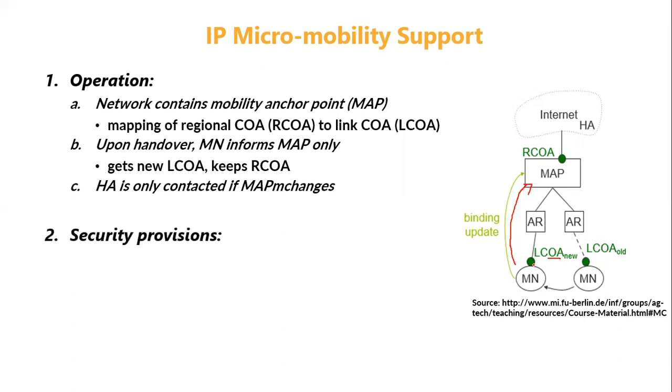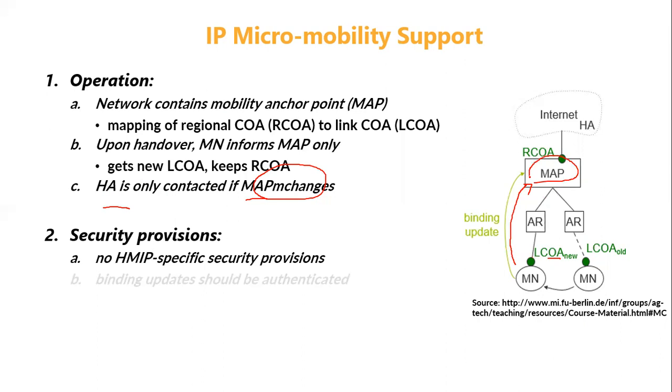HA is contacted only if MAP changes. That is, only if the mobile node moves from one MAP to another MAP, then only it will be registered with HA, and then only HA will be updated. Otherwise, any local changes will be taken care of by the mobile anchor point itself.